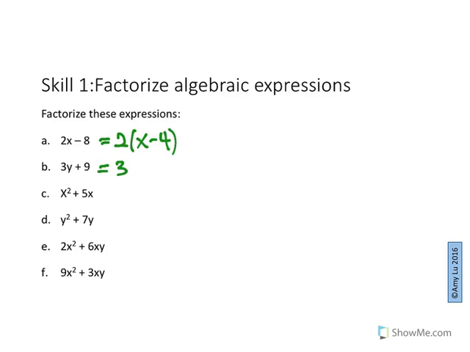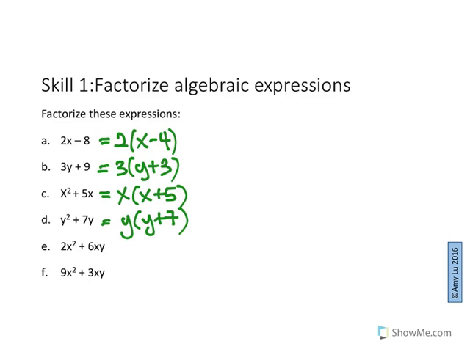B, they have a common factor of 3, so what's left over is y plus 3. In C, they have a common factor of x, so what's left over is x plus 5. In D, y times y plus 7.